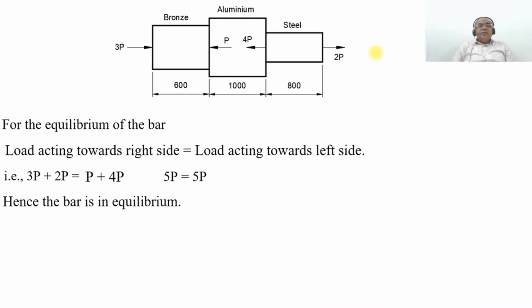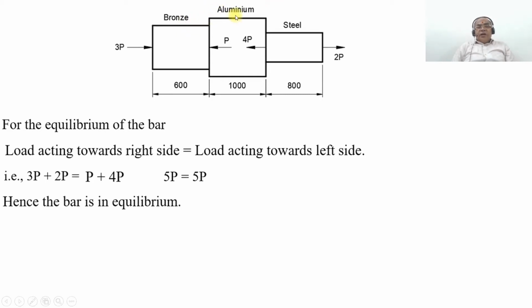So the bronze bar will have minus P minus 4P, which becomes minus 5P, plus 2P, which is equal to minus 3P. So the bronze bar will be compressive in nature, with 3P on the left end and 3P on the right end. So the bronze bar will be in compression.